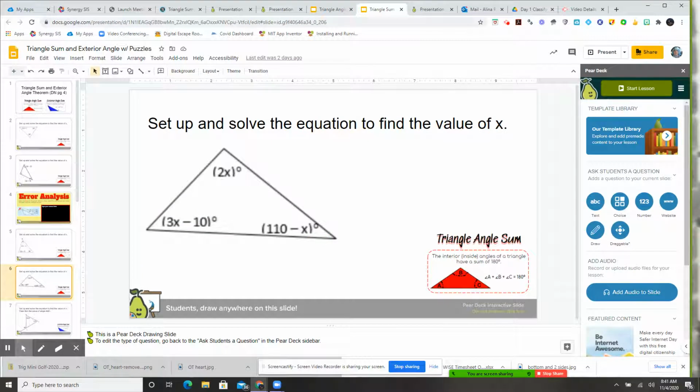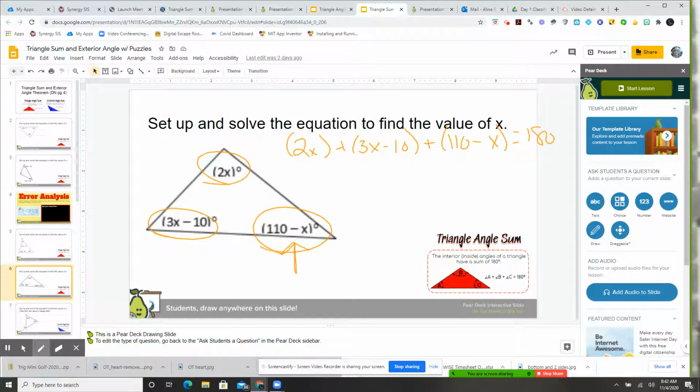This one too is a solving issue. We know we're going to add up these three things, but sometimes combining like terms with this set of numbers causes people problems. So 2x plus 3x minus 10 plus 110 minus x equals 180.